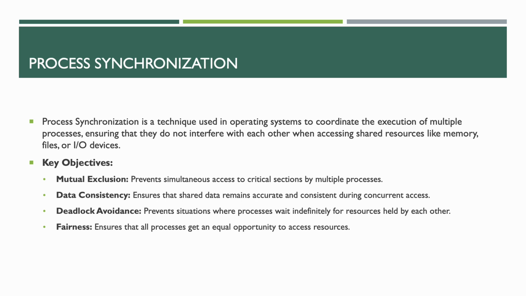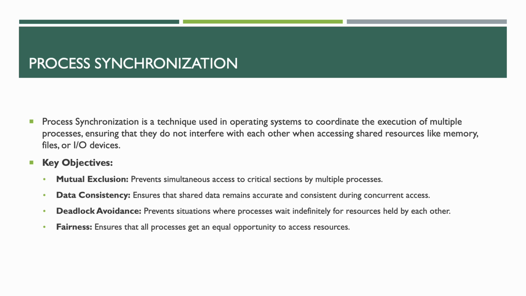Imagine multiple users editing the same document at the same time. Without synchronization, changes might override each other, leading to data inconsistency. So, some key objectives of process synchronization are mutual exclusion.